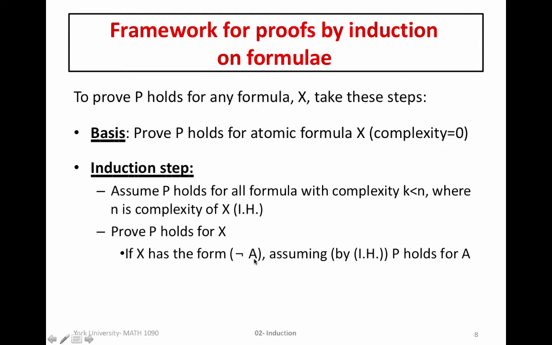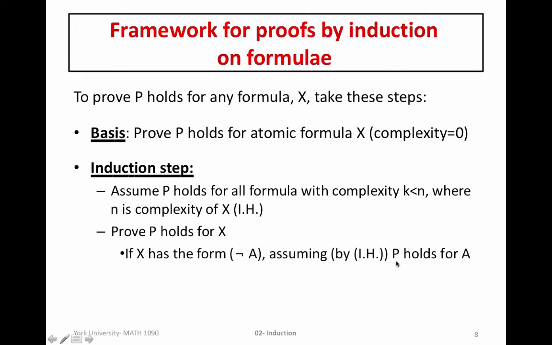But notice that since we assume that x has complexity n, then our formula A has complexity n minus 1. It has one less connective than x, since x has a complexity of A plus 1, since we're adding just one connective to A to get x.